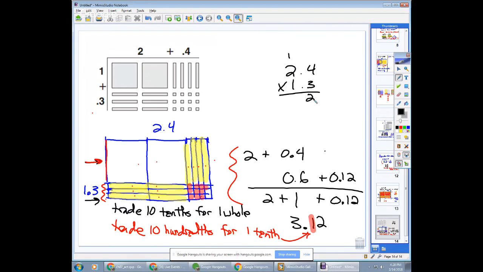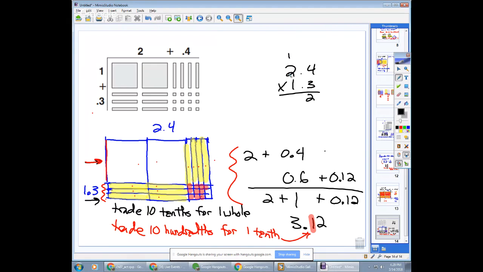And then I say 3 times 2 is 6 plus 1. Now here's a question. This 3 looks like a 10th, right? And this 2 looks like a whole number. What's that 1 up there? 1 what? Is it 1 whole or is it 1/10?